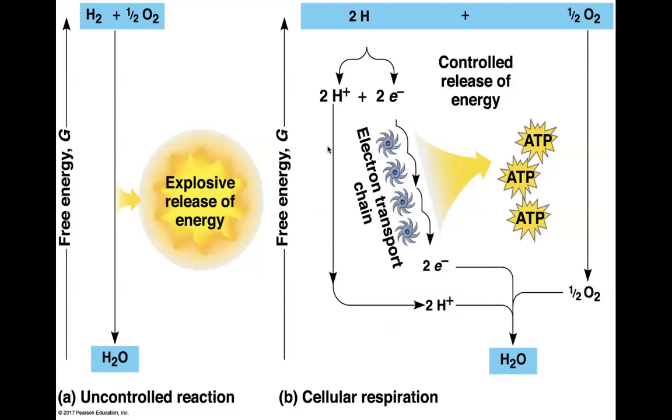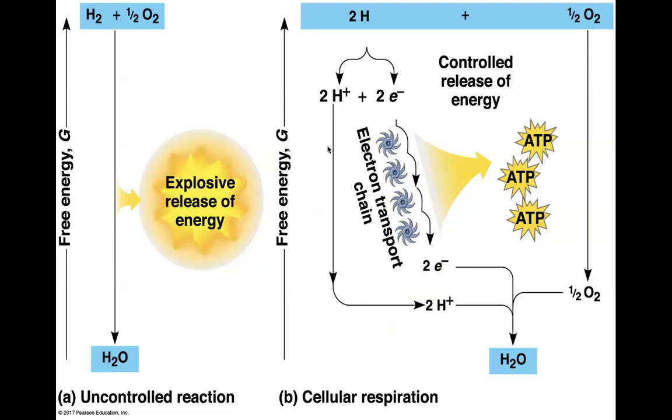This diagram here shows you the importance of carrying out these reactions in a series of steps. If we were to have the overall reaction of hydrogen bonded to oxygen to form water, this would release a tremendous amount of energy, and this would be very difficult for the cell to harvest.